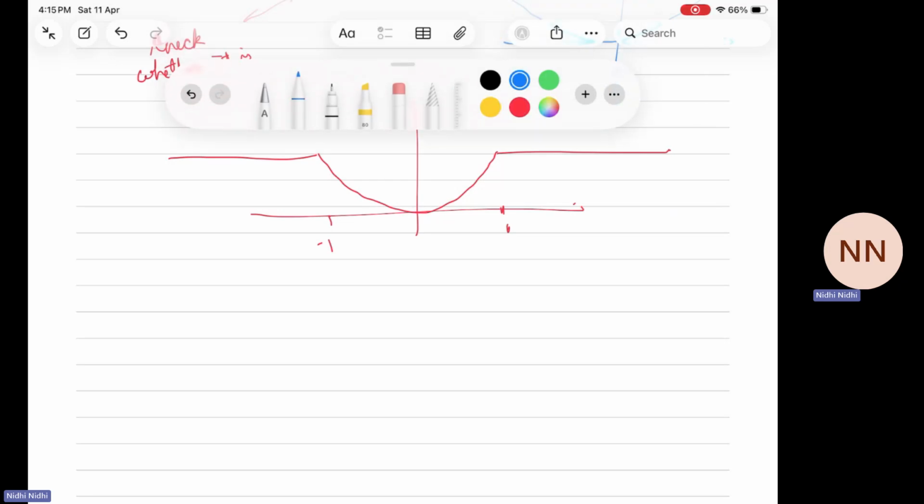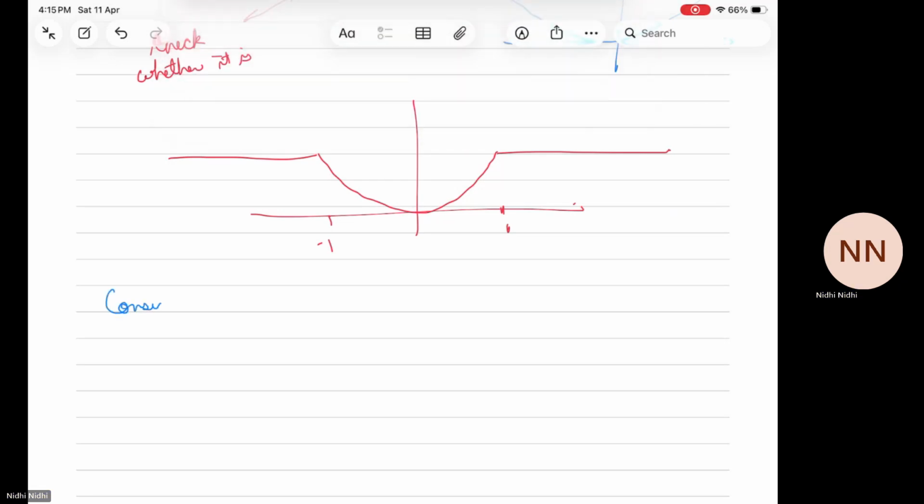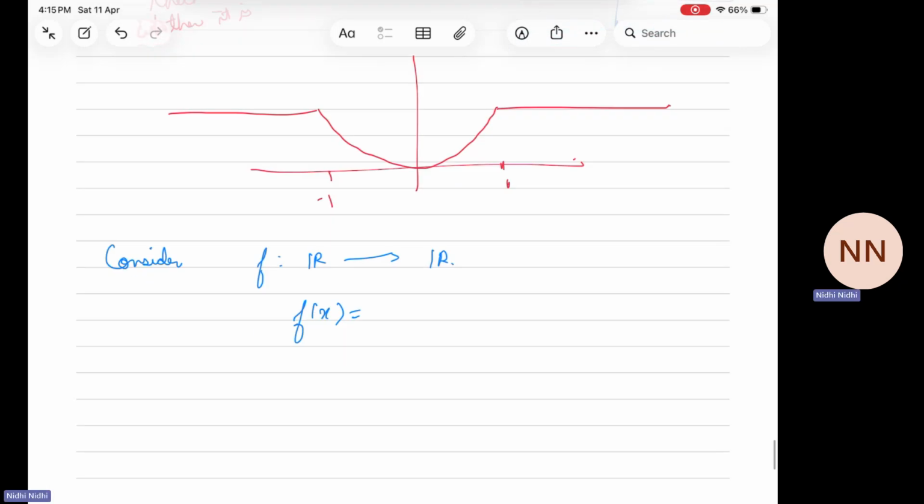So if we consider f from R to R, f(x) to be root mod x for, yeah, but it will not be differentiable at 1 and -1, no? It should be differentiable everywhere and uniformly continuous.